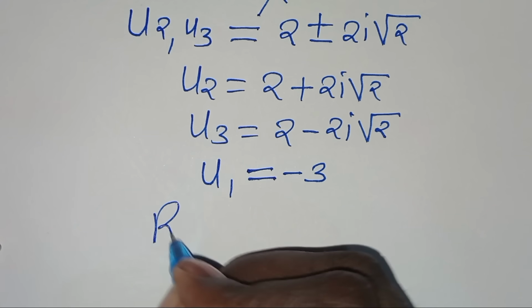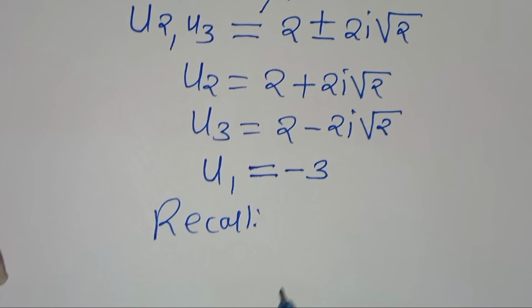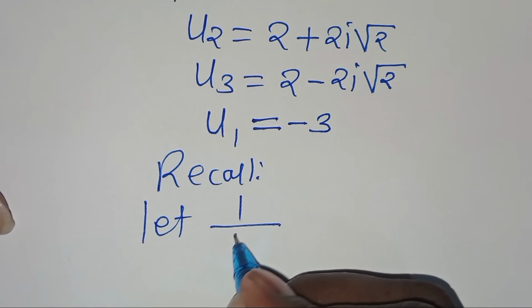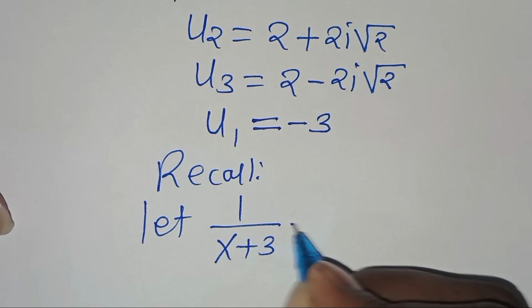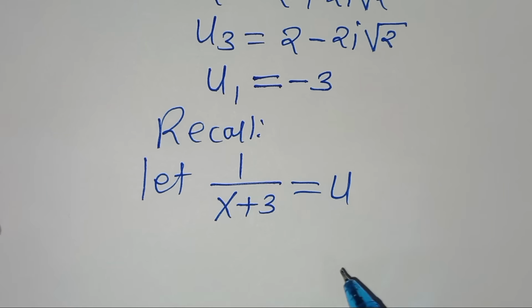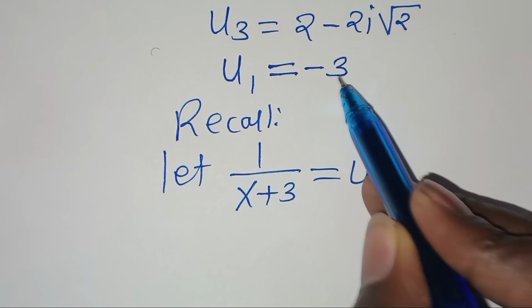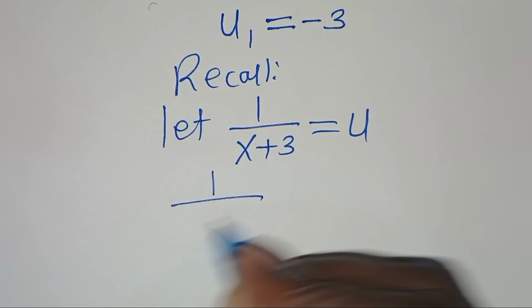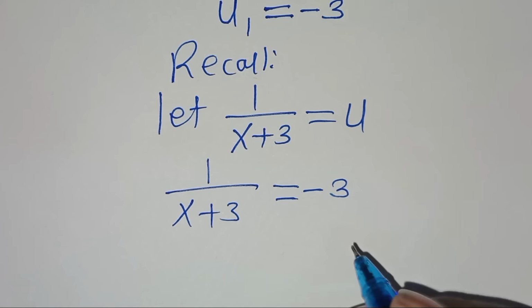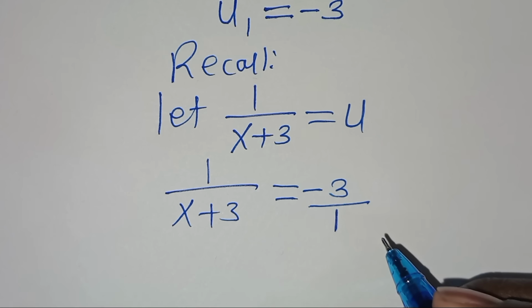Now, if you recall, we have seen that we let 1 over x plus 3 be equal to u. So let's start with u1 here, so that we have 1 over x plus 3. This is equal to negative 3. So negative 3 is a whole number, so this is over 1.